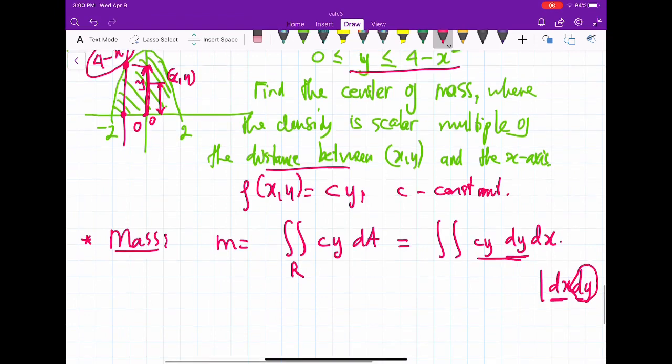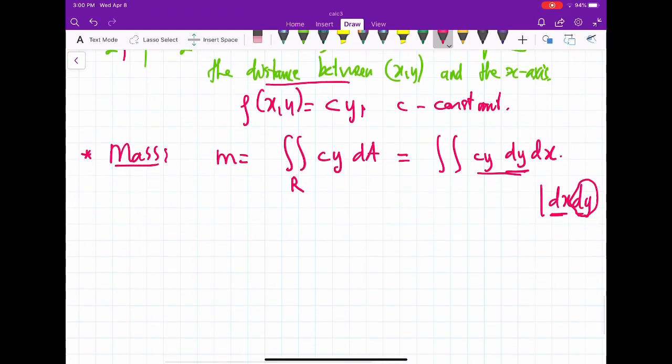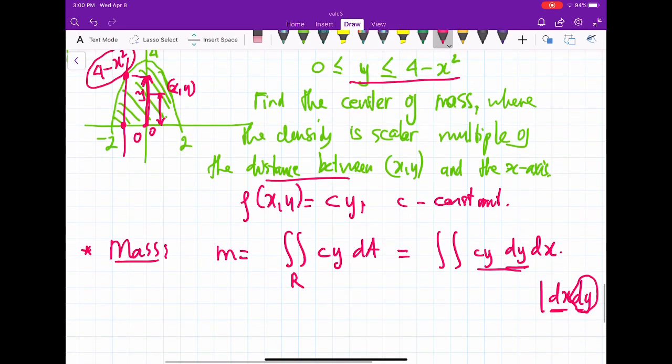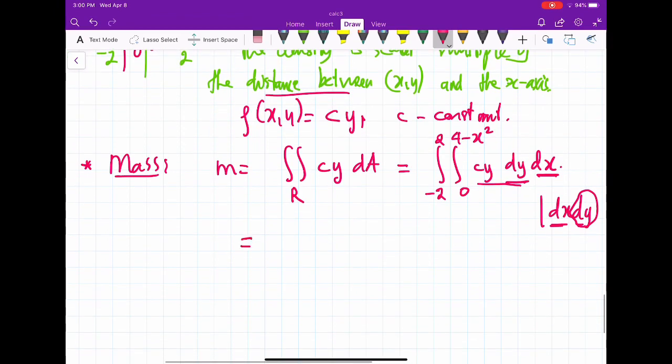Make sense? So I will integrate with respect to the y first. Y will go from where? From 0 to 4 minus x squared, and x goes from -2 to 2. My integral looks like -2 to 2 of c, and here I have y squared over 2, evaluated from 0 to 4 minus x squared, dx.